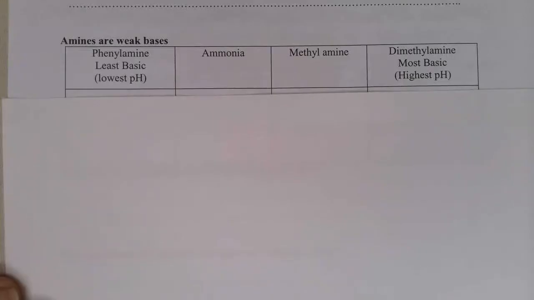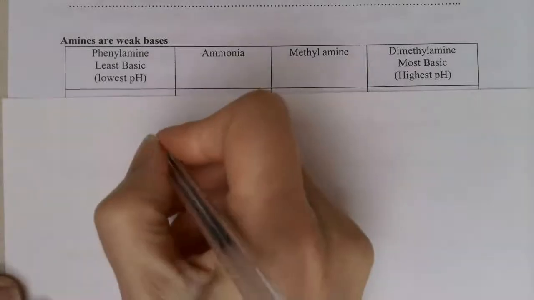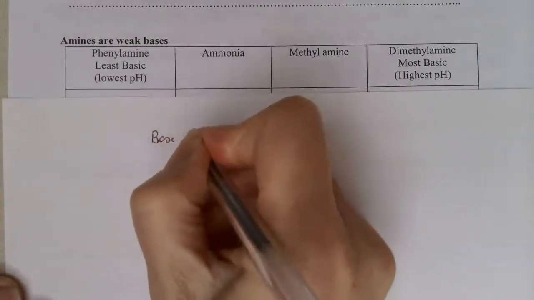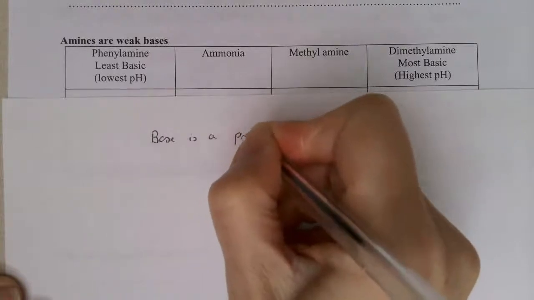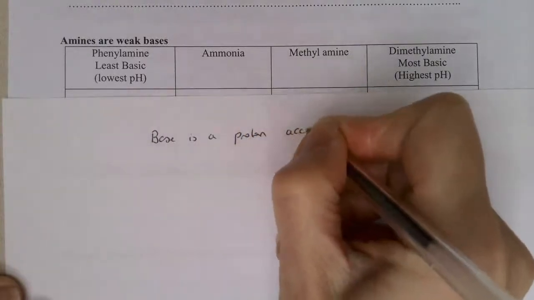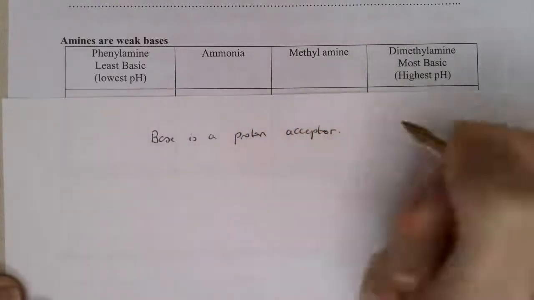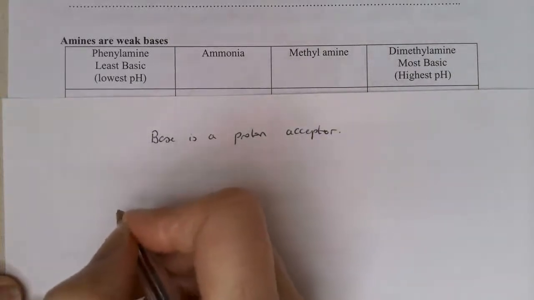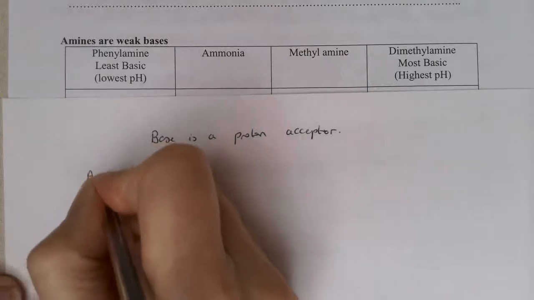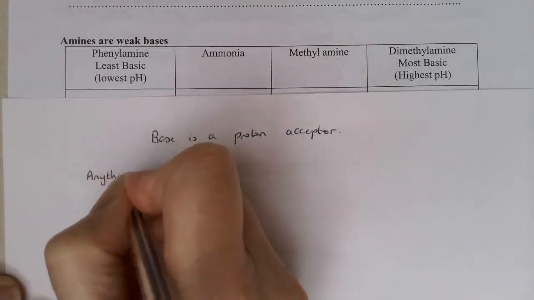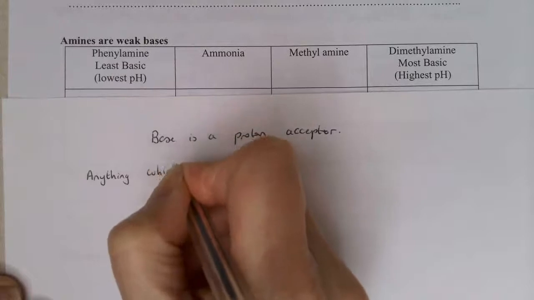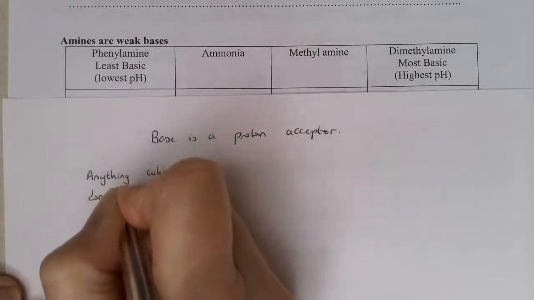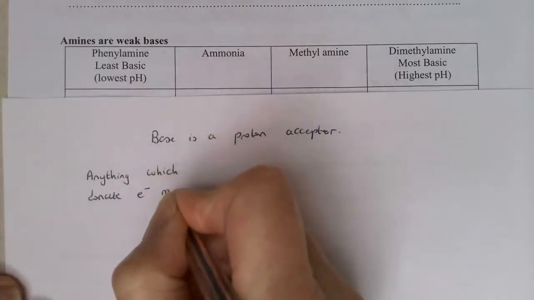Next, we're going to consider the bases. So if you remember, a base is a proton acceptor. In the first example, we looked at how to make an acid a stronger acid, and we said that anything which donates electrons makes it weaker.